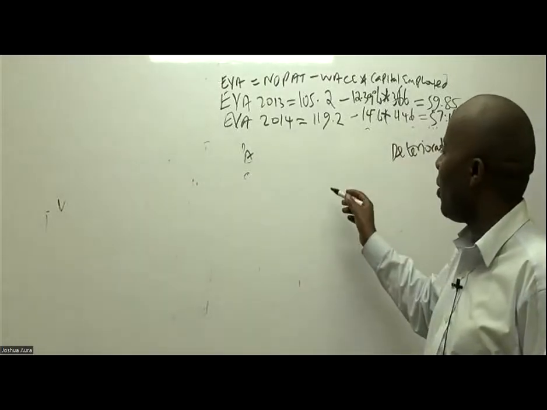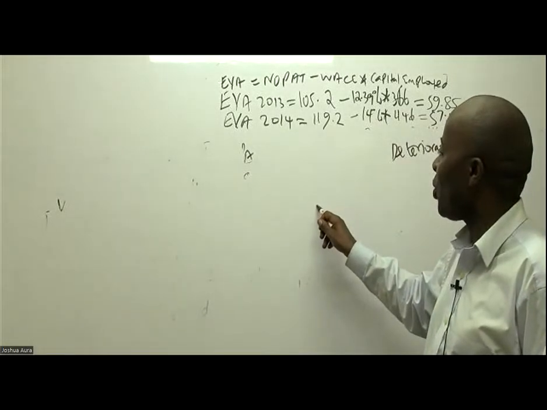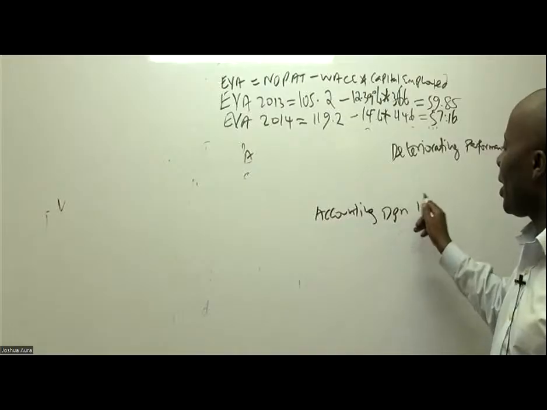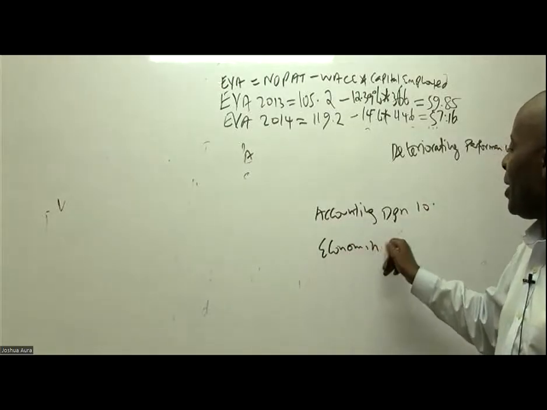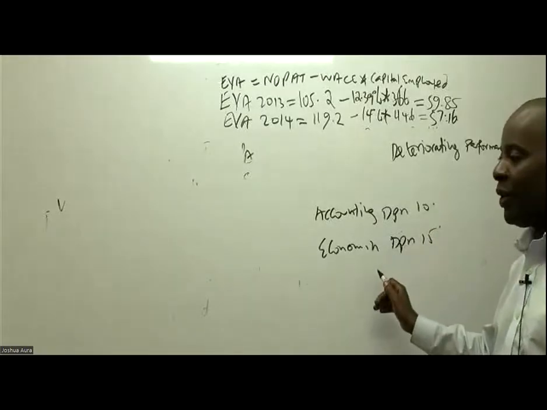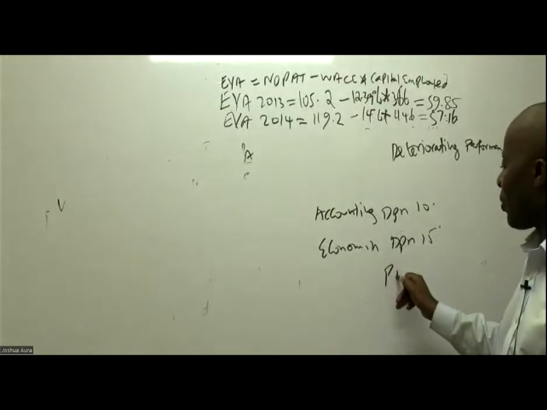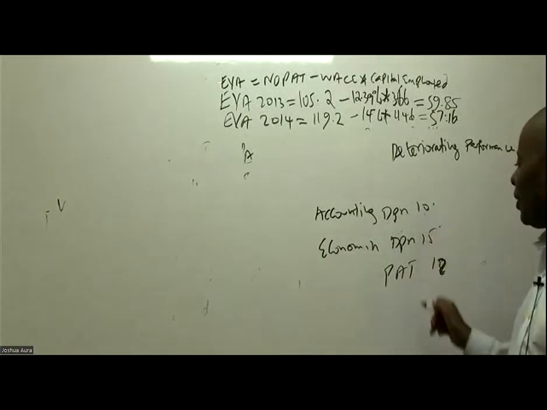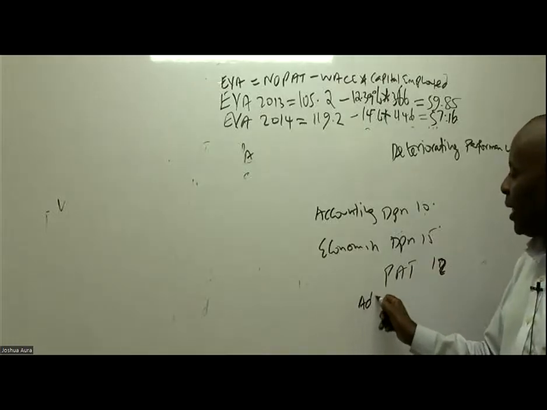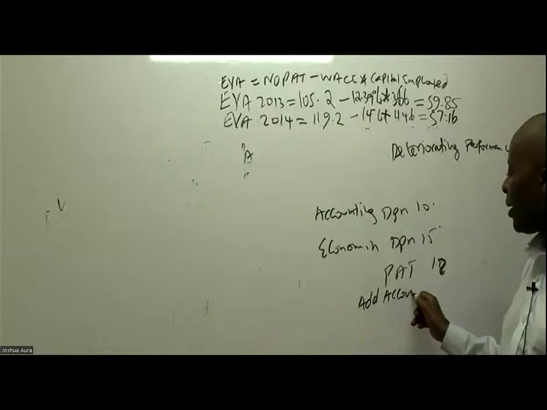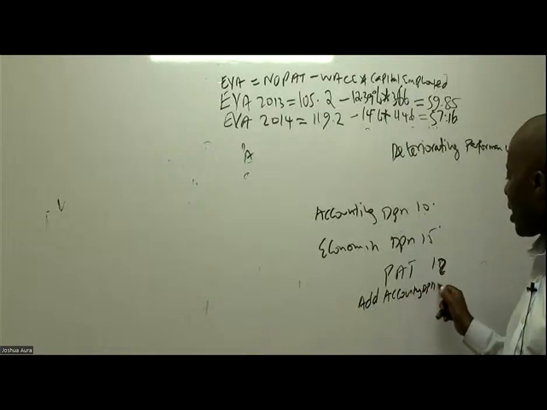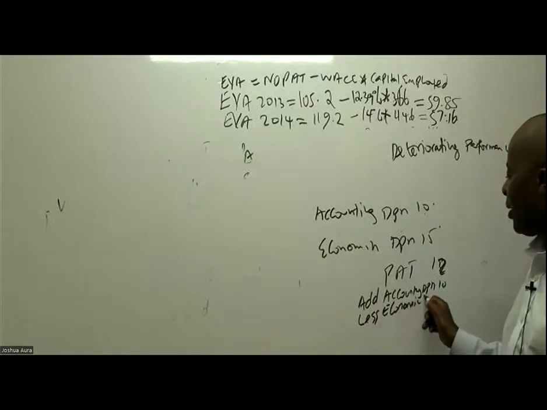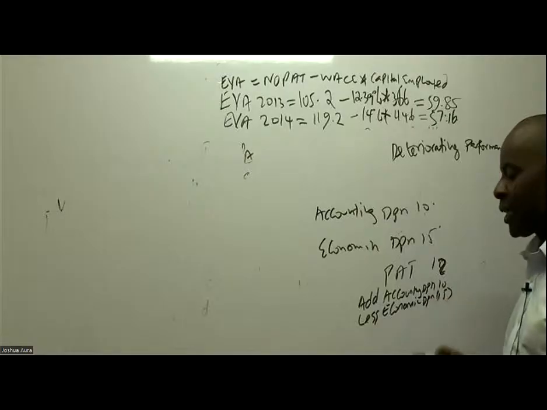There is somebody who was asking about economic depreciation. If, for example, they told us that accounting or book depreciation is 10, and economic depreciation is 15, then what I would have done is take, for example, my profit after tax, and add back accounting depreciation, 10, because it's the bad one, and then less economic depreciation, which is 15.